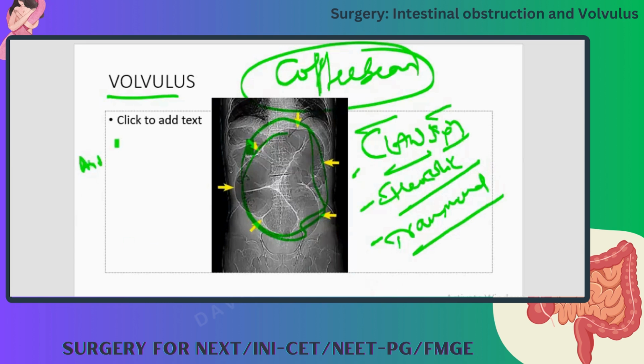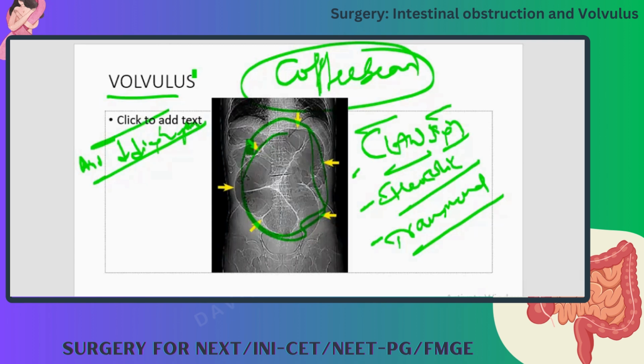Air under diaphragm is seen in perforation. In an X-ray, not only air under the diaphragm, you have to recollect the image also. If it is on the right side, it is perforation.